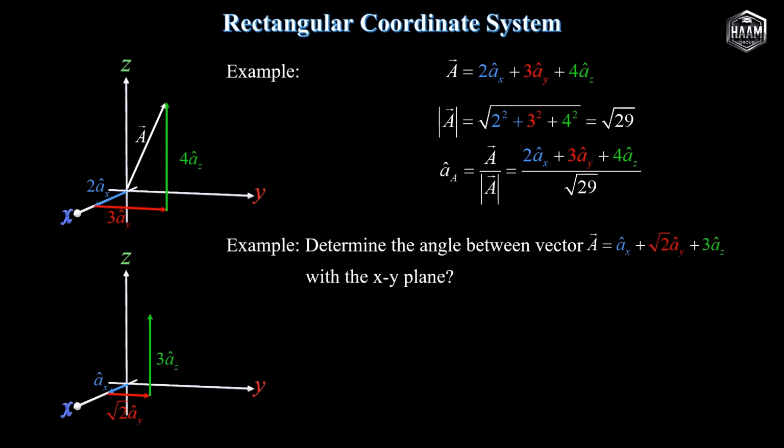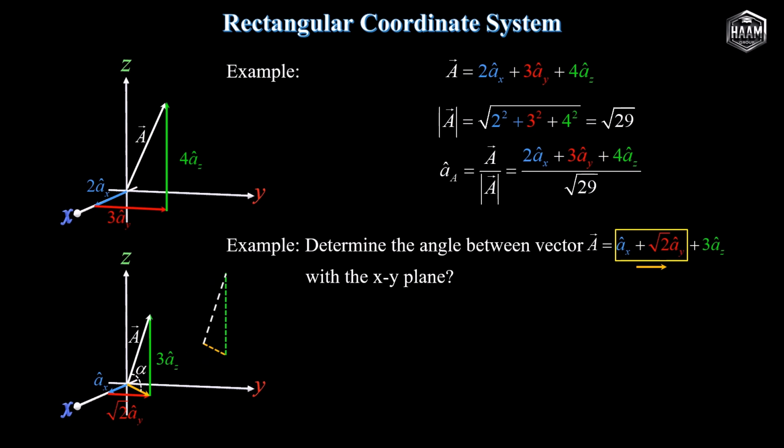The angle that vector A makes with the xy plane is denoted here by alpha, which in fact is the angle it makes with the same yellow vector described previously.